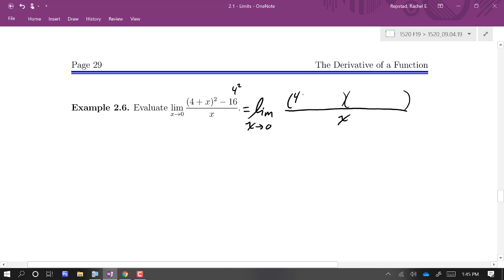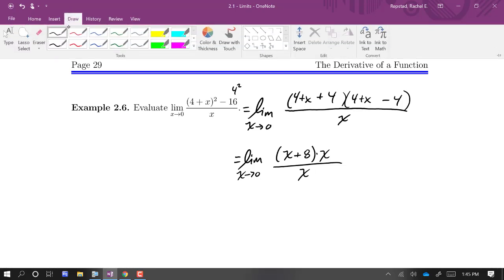So we get 4 plus x is the first thing, plus 4 and minus 4. We can simplify both of these factors. The first one is x plus 8. Oh, it's not over 4. It's over x. Sorry. And the last one is just x, right? Because the 4 minus 4 cancels.